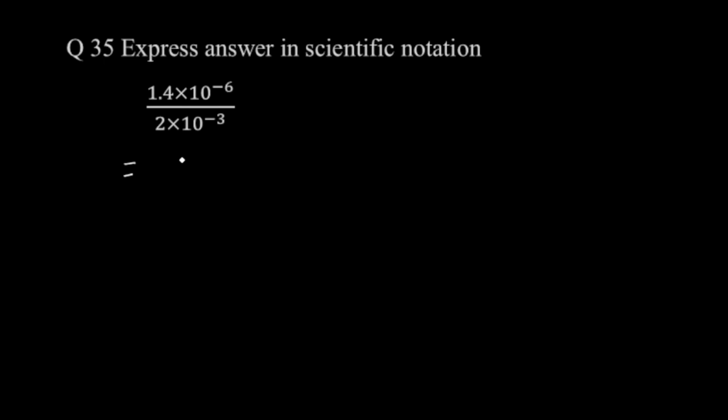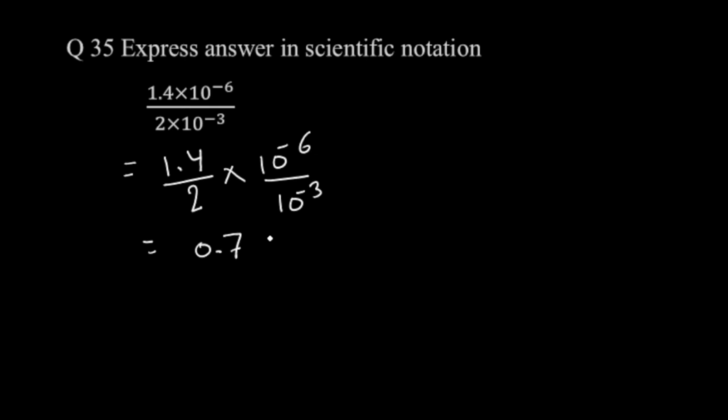1.4 multiply 10 to the power minus 6 divided by 2 multiply 10 to the power minus 3. 1.4 divided by 2 multiply 10 to the power minus 6 divided by 10 to the power minus 3. 1.4 divided by 2 is 0.7 multiply 10 to the power minus 6.